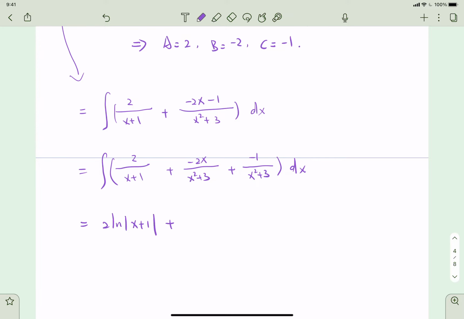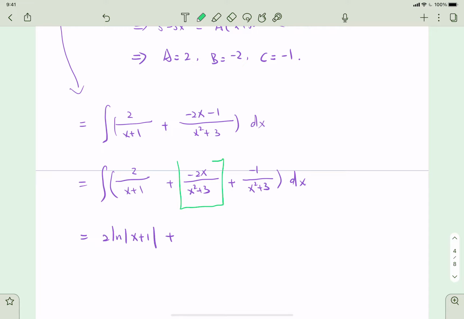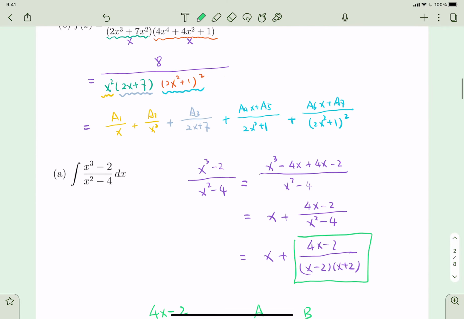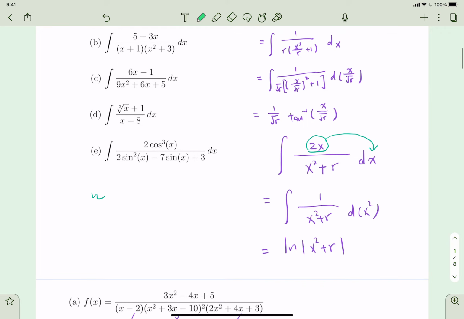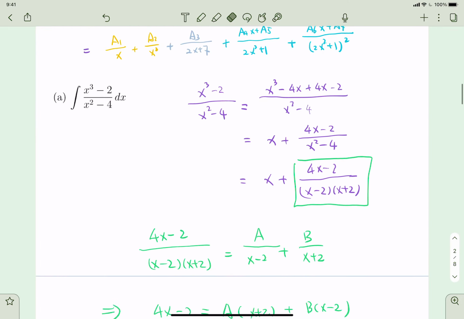And for the second term, keep in mind that we have talked about the integral at the beginning, the second integral here, right? You have x term on the top and the bottom is something power plus something, so this one is also x squared plus r. So remember this, okay? We have the steps here.